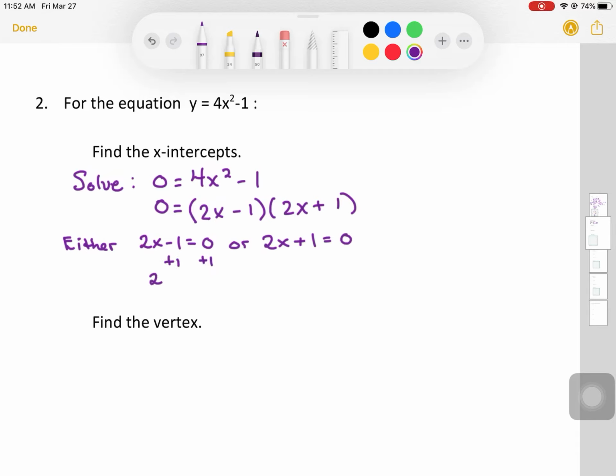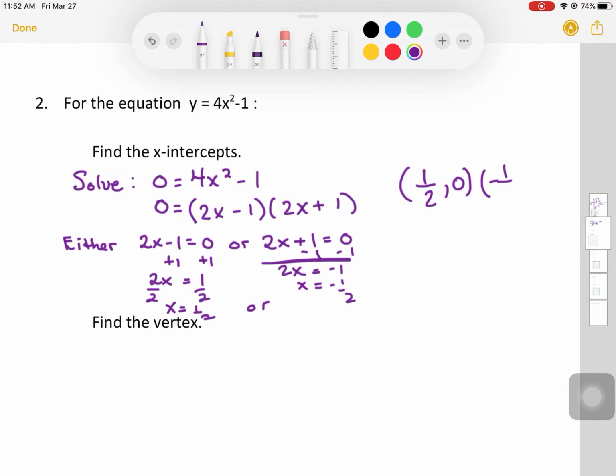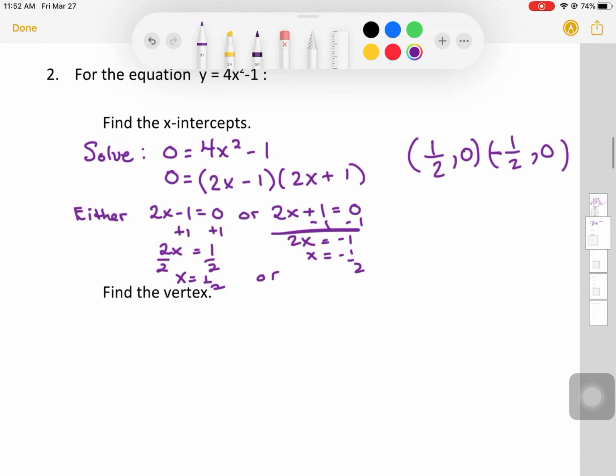And then I'm going to solve each of these for x. So I've got x equals 1/2, or if I do the same solving over here, I get x equals -1/2. So my 2 x-intercepts are at (1/2, 0) and (-1/2, 0).